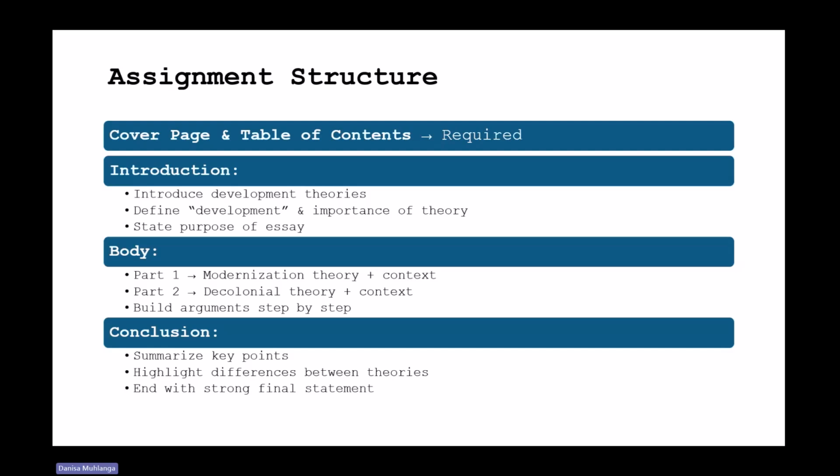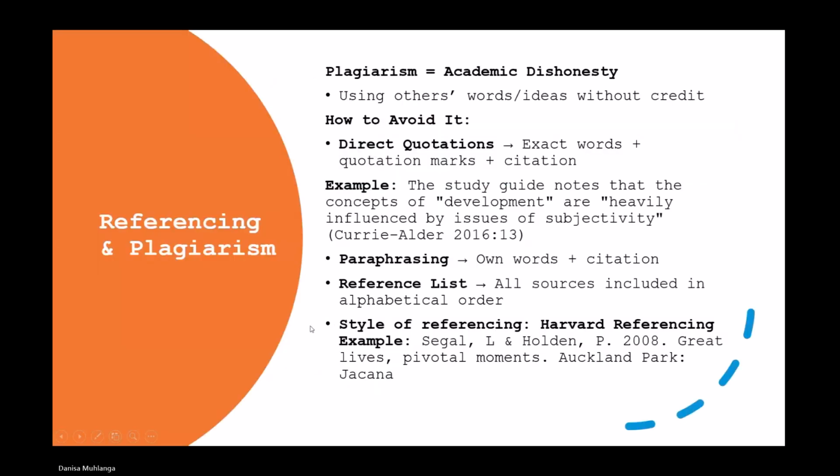You need to highlight the differences between the two theories, and then you need to end your essay with a strong final statement. But then you can ask yourself, why should I even include a cover page and a table of contents?